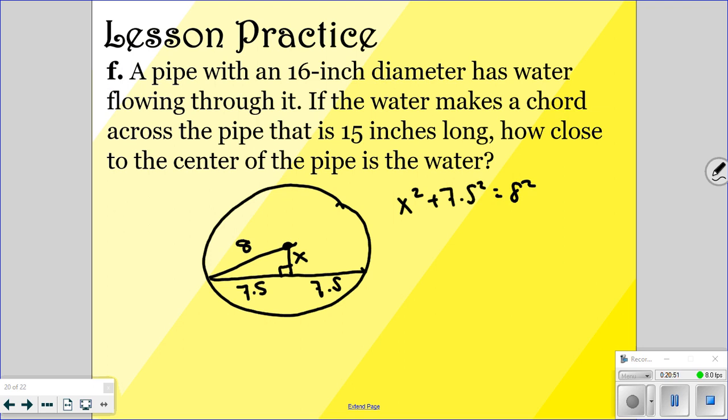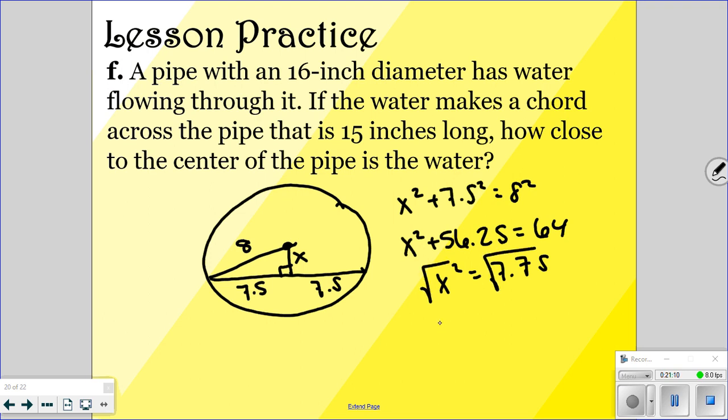So you're going to have x squared plus 56.25 equals 64. And then if you subtract, x squared is 7.75. And if you take the square root, x will give you 2.78 inches.